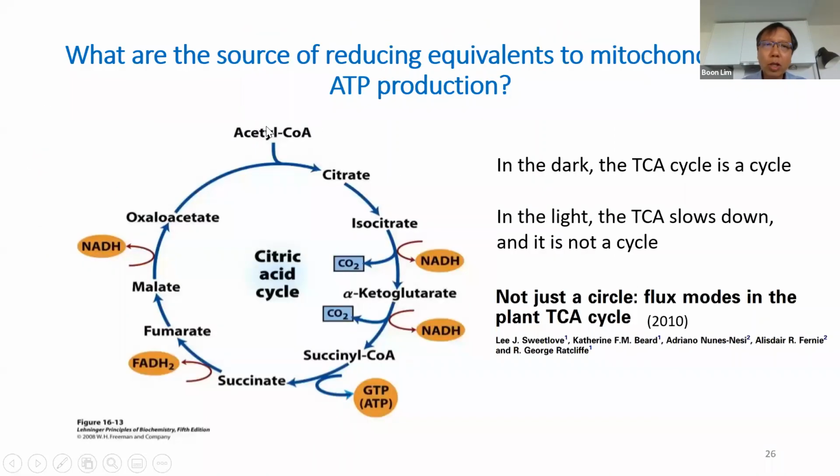So, what is the source of reducing equivalents to mitochondria for ATP production? In the dark, of course, the TCA cycle will generate a lot of NADH, and the TCA cycle in the dark is a cycle. However, under illumination, the TCA cycle will slow down, and it is not a cycle.